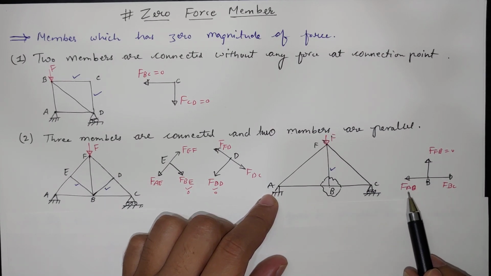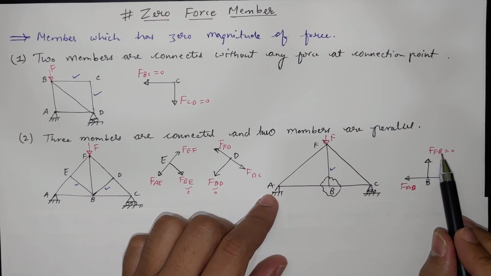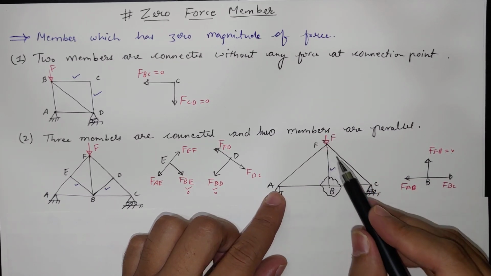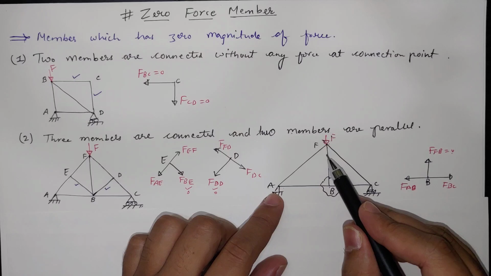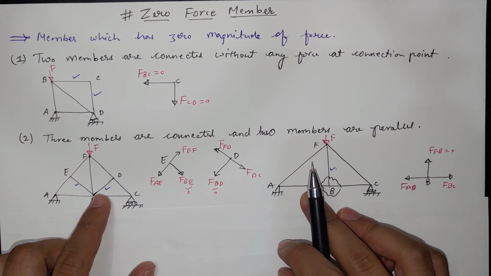So AB will be equal to BC and force FB will be equal to 0. So this is also a zero force member. Now only the triangle remains with the force, so we can remove this as well. There are three zero force members in this particular problem.